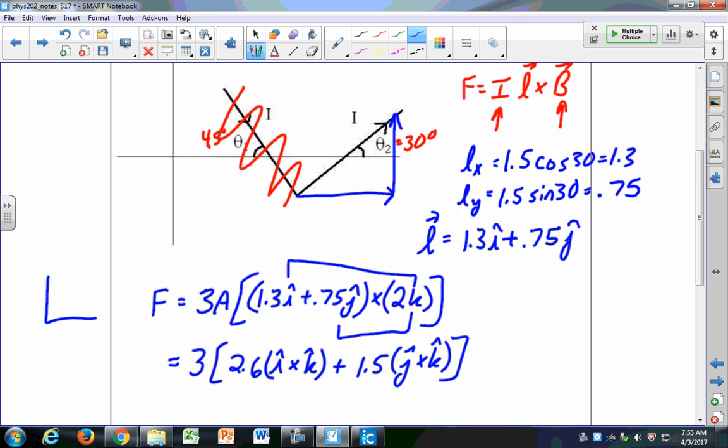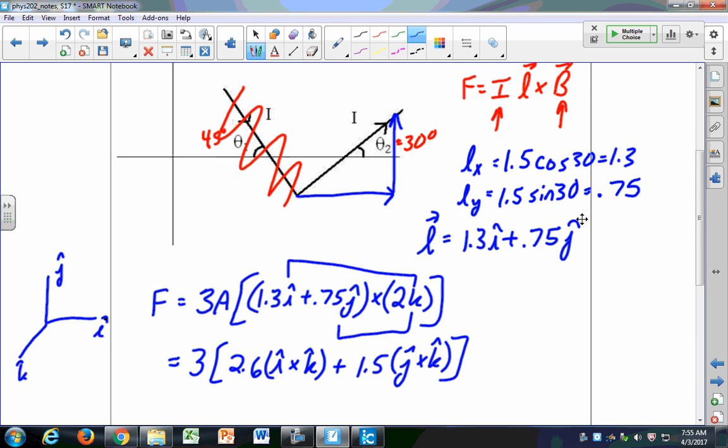And now, I don't remember these. I mean, maybe I could work them out, but I always like to draw my coordinate system over here. And I have I cross K. Use my right-hand rule. K is out of the page, positive K. So that's in the negative J direction. So this is a negative J. And then J cross K looks like it's in the positive I direction.